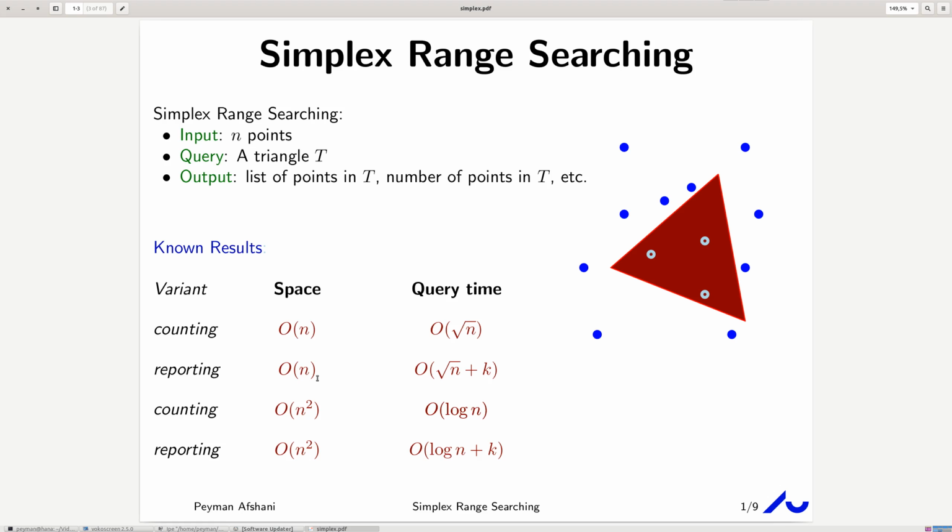I remark that to get these results, we need to use essentially two major tools in computational geometry, the partition tree as well as the cutting lemma. Proving either of them is beyond the scope of this course, and it requires a PhD level course. In particular, the cutting lemma ties very deeply to VC dimension, epsilon nets and random sampling techniques.